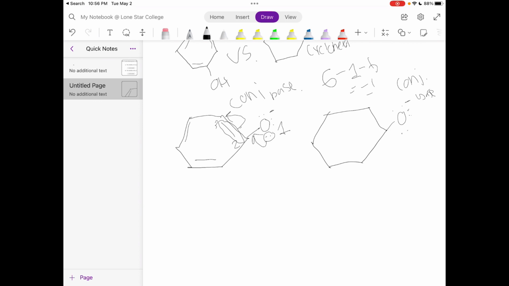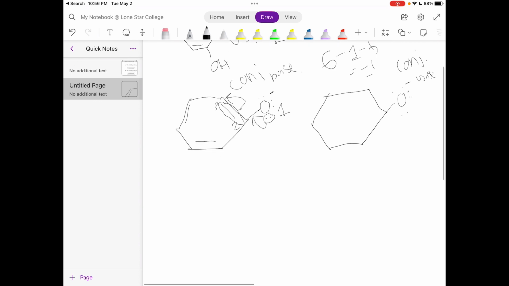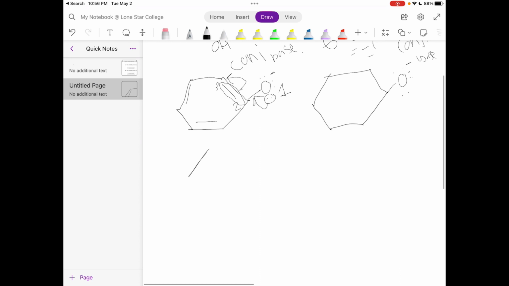Okay. Let me redraw that real quick. Sorry, I know my handwriting is terrible. I suck at drawing. Oxygen. 1, 2, 3, 4.